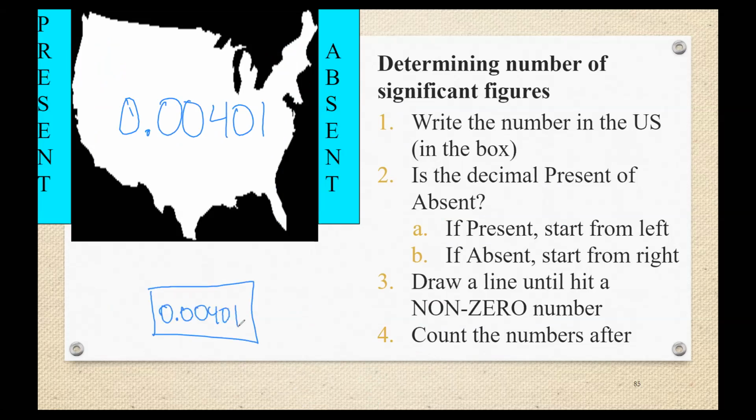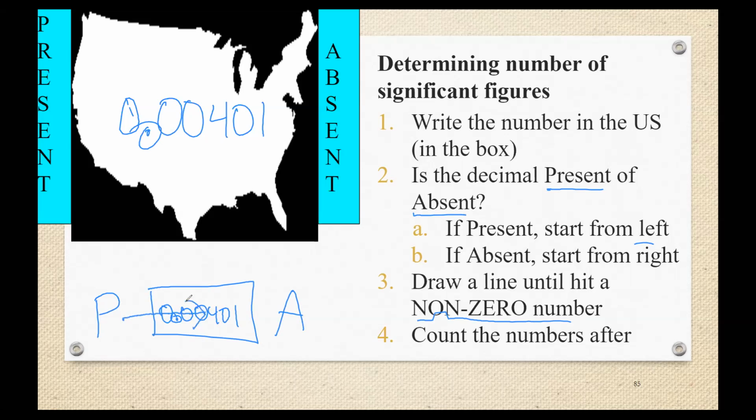0.00401. We need to ask ourselves, is the decimal present or absent? Well, we can see that there is a decimal right there. So the decimal is present. So we're going to start from this left side and go until we hit a non-zero number. This is 0, and we keep going, keep going, keep going.